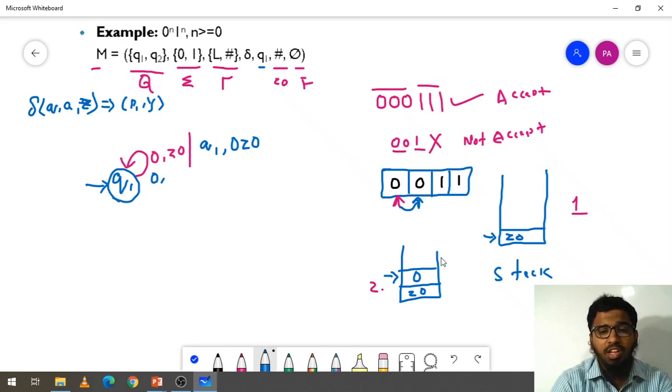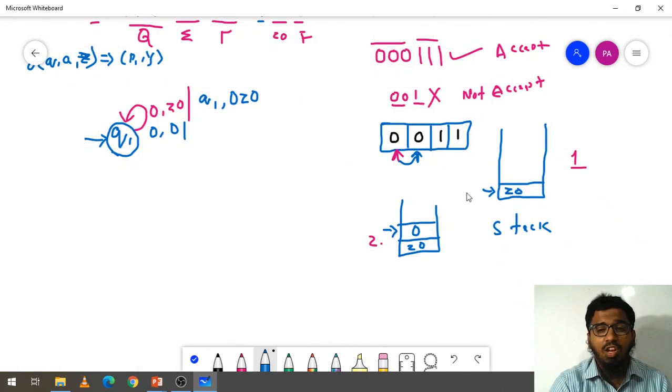So what will be the Z? Where is it in the stack? In the stack, this 0 is pointed. So 0 comma 0. As we did here, we need to remove this from here, and we need to add in step 2.